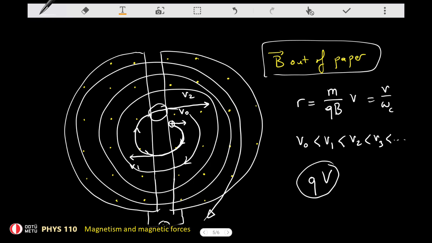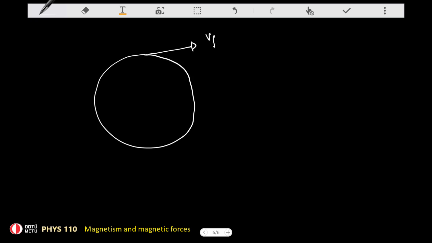Okay, we can also find what the final kinetic energies are. At this stage, when the particle emerges from the beam, that's the final speed. The final radius of the circular motion is therefore equal to m divided by q times B times the final speed, all right?